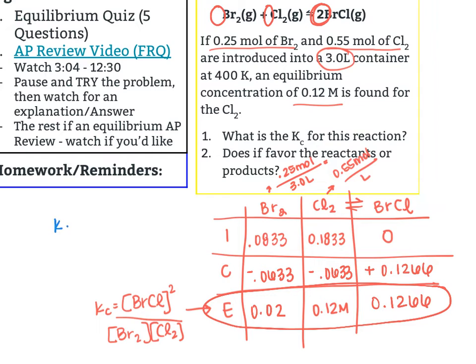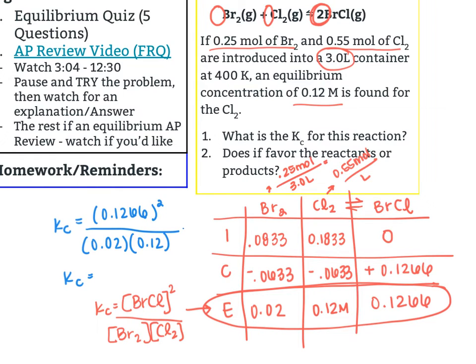So Kc is equal to my BrCl, which is 0.1266, and that value needs to be squared. My Br2 is 0.02, and my Cl2 is 0.12. So when I plug this into my calculator, I am going to do 0.02 times 0.12.